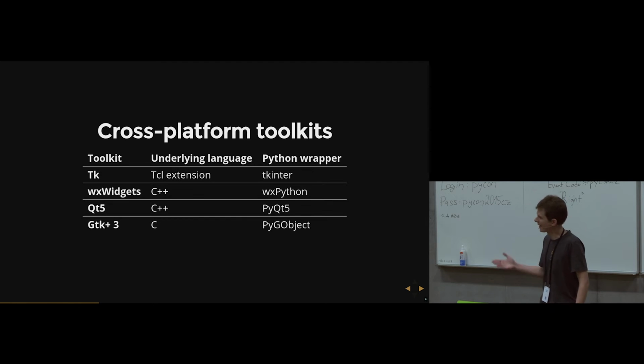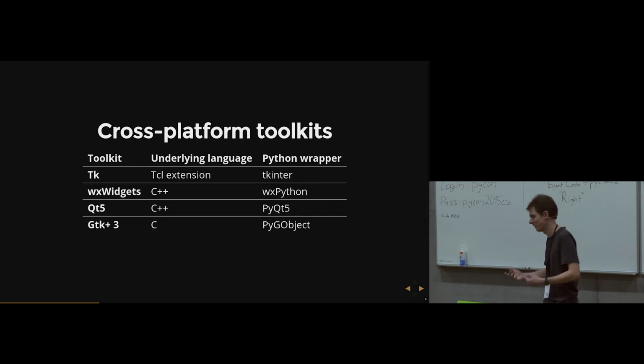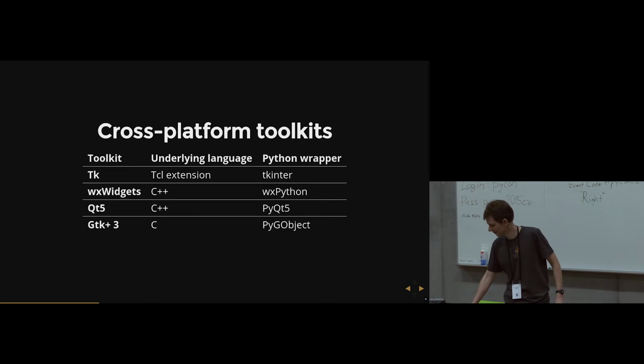We can go back directly to the C++ implementation, look at the code, or look at the documentation for C++. And usually, because it's just a thin wrapper, we can do the translation easily. If you know a bit of C++, you can read, for example, the Qt5 documentation, or find it somewhere on some forum, and then translate it in your head to the Python equivalent and work it out.